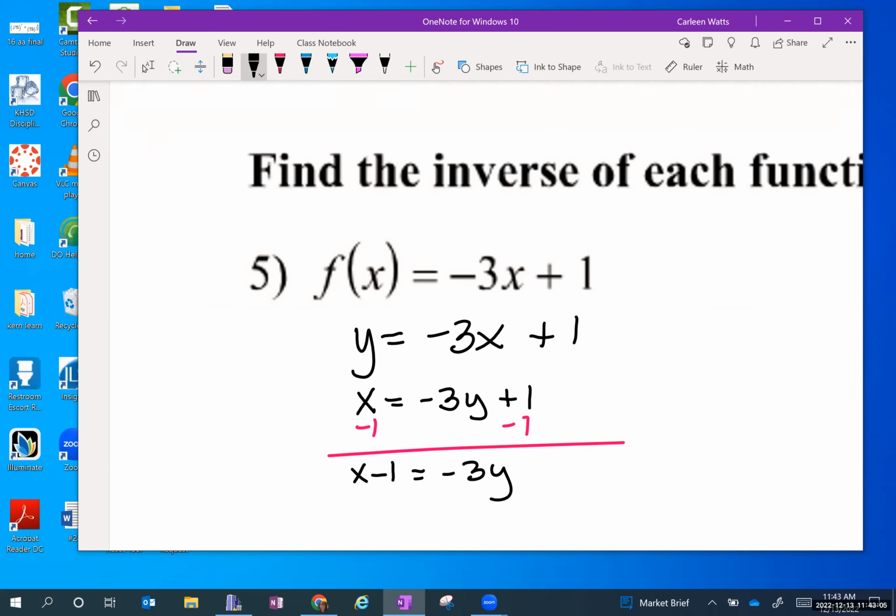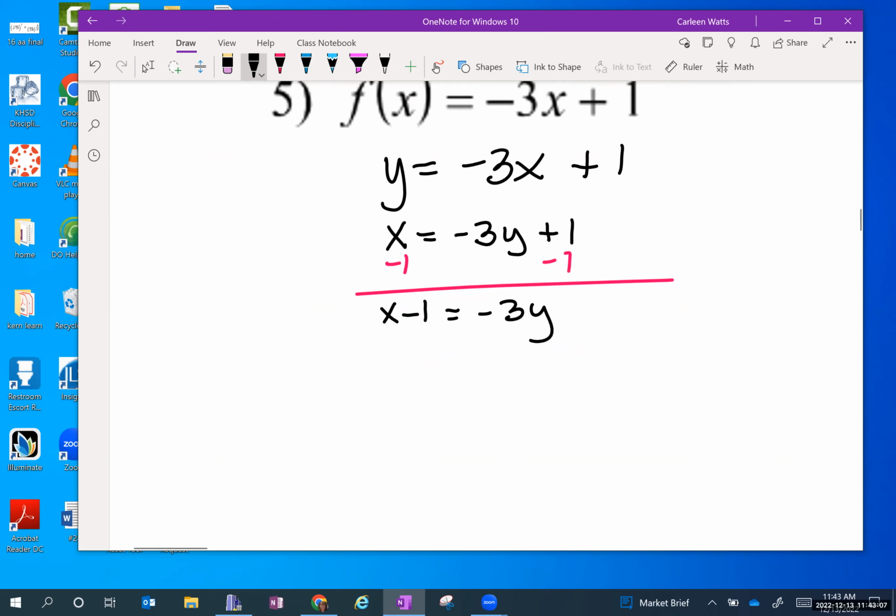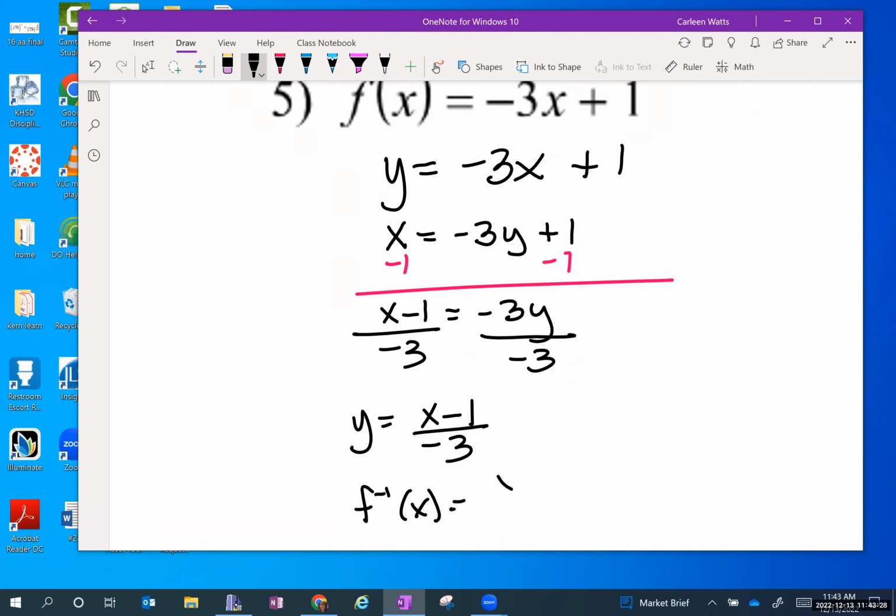And last step, divide by -3. Oh, one more step. Back to function notation. F inverse of x is x minus 1 over -3.